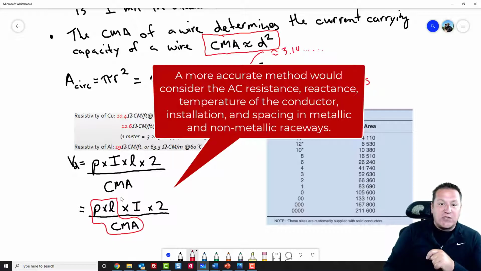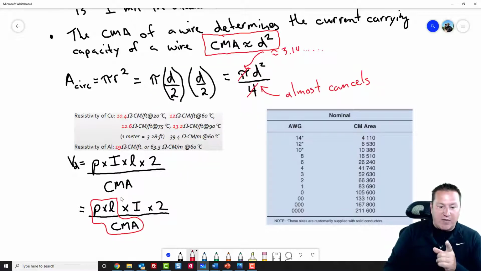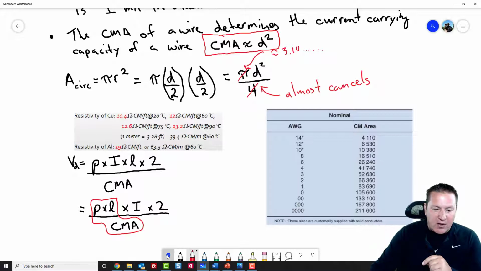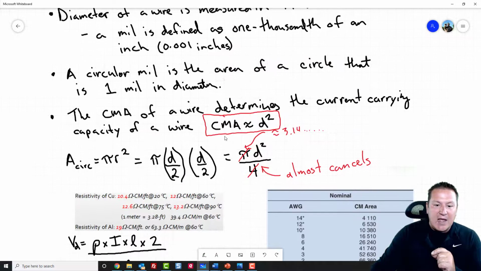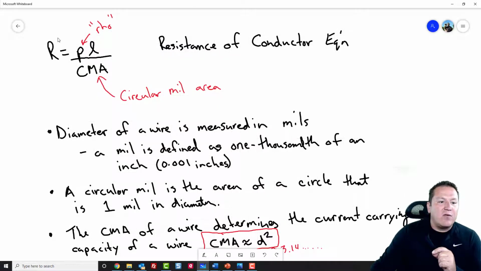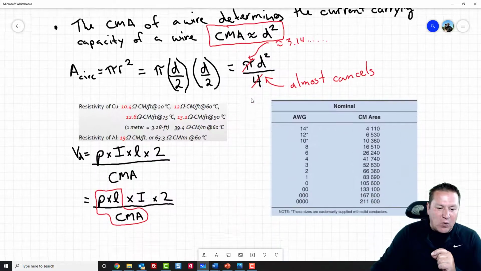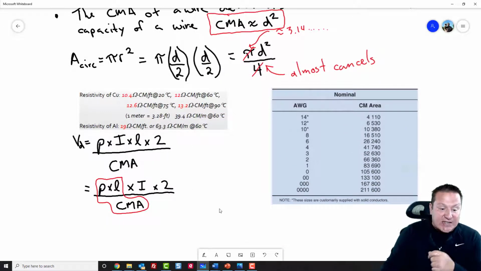Well, we just defined what that is above, didn't we? The resistivity times the length over CMA is our definition for the resistance of a conductor, right? And so really, what is that? That's just resistance. So we could even rewrite this one more time as the resistance times the current times 2.